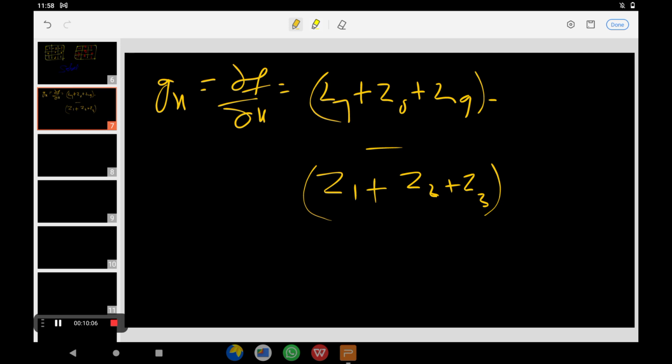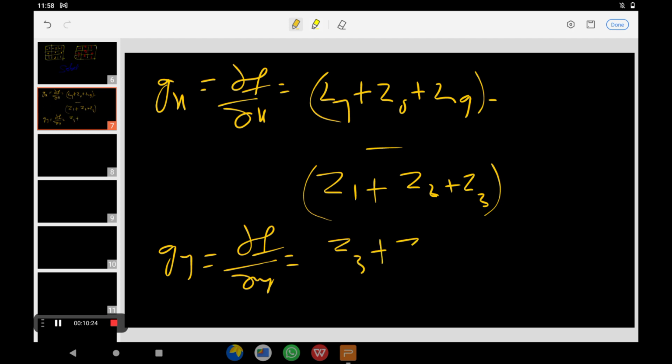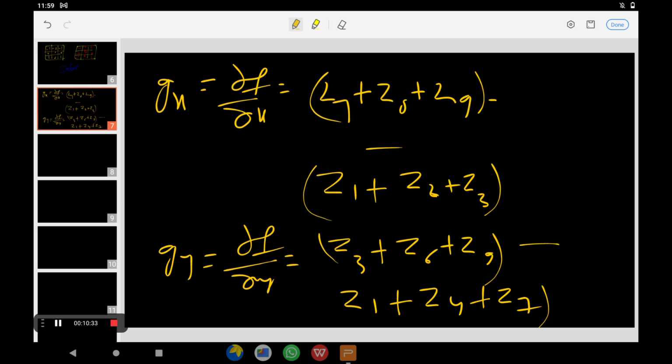This is equation 10.2, the equation for getting the Prewitt operators. At the same time, in the y direction, dou f by dou y for the Prewitt operator is the same thing: Z3 plus Z6 plus Z9 minus the remaining values of the first column, Z1 plus Z4 plus Z7. These are the two equations for getting the Prewitt operators.